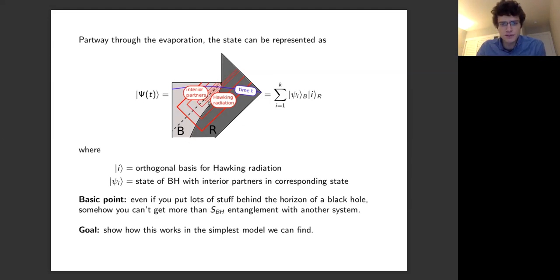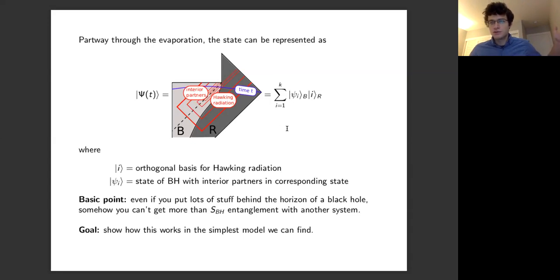But if we think about the state in this way, it looks like an entangled state between the radiation and the black hole. So we could represent the state at time t as a sum over some number of states, where |i⟩_R is a state of the Hawking radiation, where i is some orthogonal basis, and |ψ_i⟩_B is a state of the black hole, where the interior partners of the Hawking radiation are in state i.